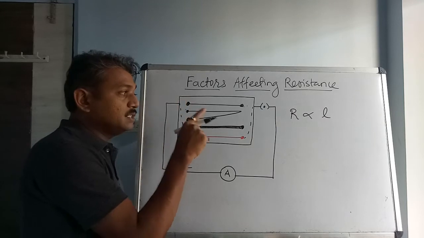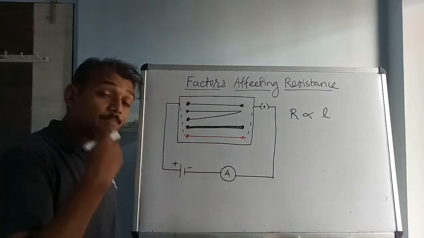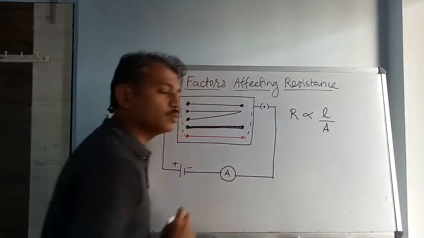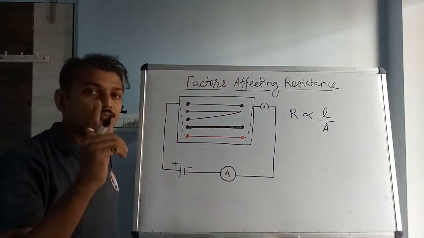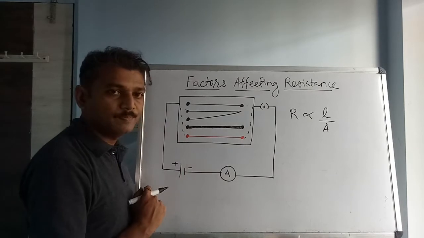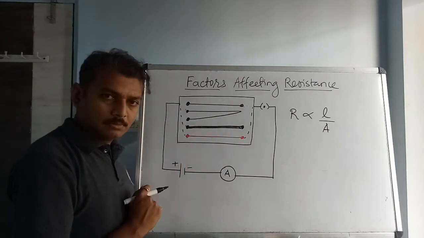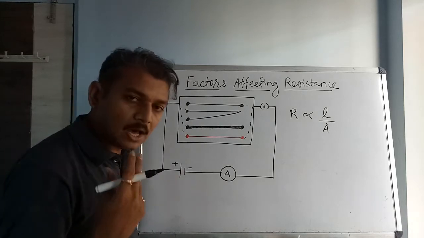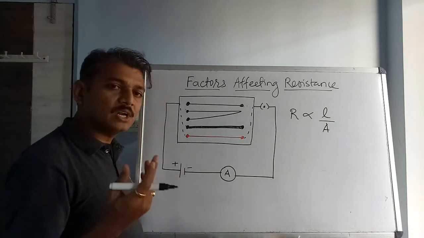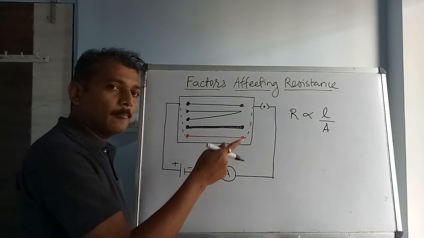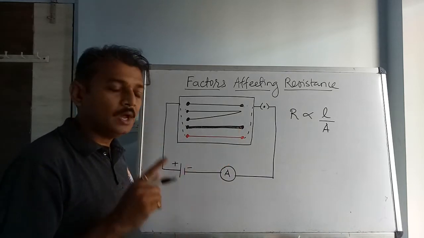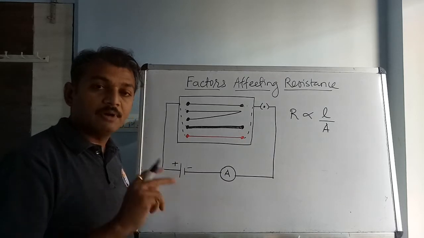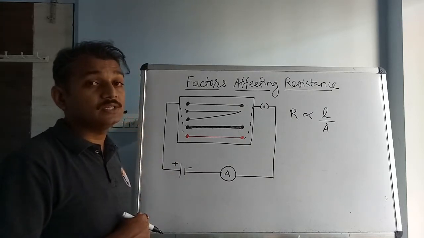So resistance is directly proportional to the length and inversely proportional to the cross-sectional area, which we have proved in the third case. So the factors affecting resistance are length and cross-sectional area, and even in the last case, the material. If the material is changed, again the reading is changing.